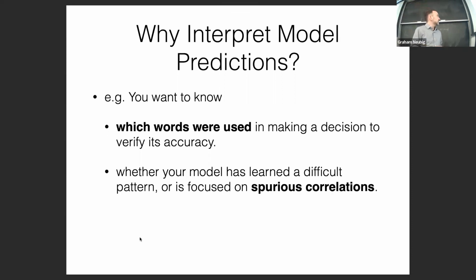Another thing is if you want to identify whether your model has actually legitimately learned a difficult pattern or is focusing on spurious correlations. The most famous example of this that people probably have heard of before, it's not actually a real example, but it's a pretty interesting example nonetheless, is a famous story about somebody who trained an image classifier to classify whether a forest had a tank in it or did not have a tank in it.